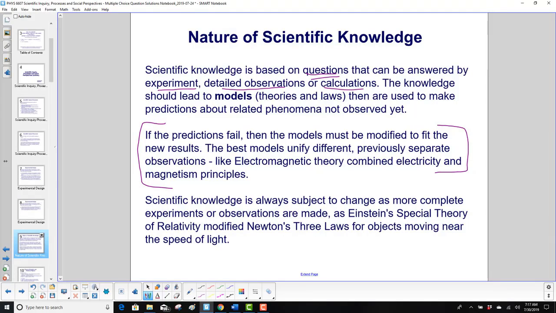The best models unify different previously separate topics, like electromagnetic theory, that combine electricity and magnetism. Scientific knowledge is always subject to change, as more complete experiments or observations are made. As Einstein's special theory of relativity modified Newton's three laws for objects moving near the speed of light. Didn't get rid of Newton's three laws, it just modified them.